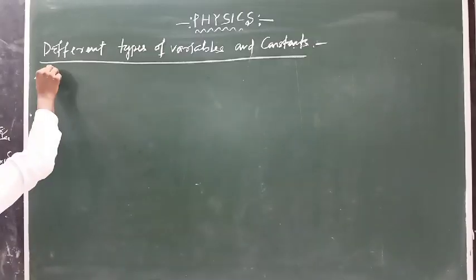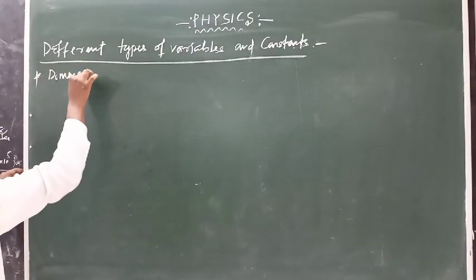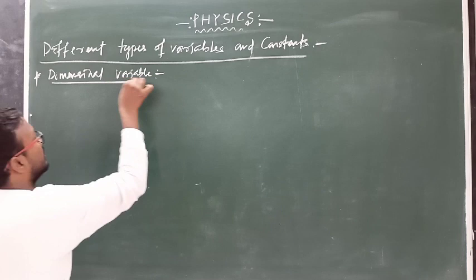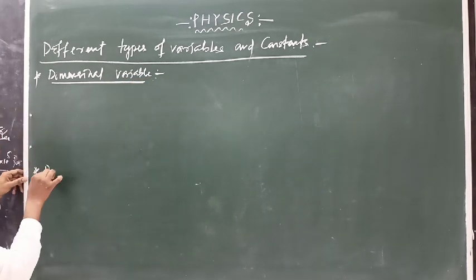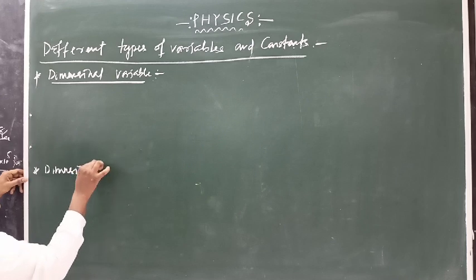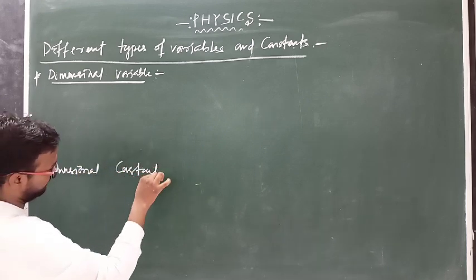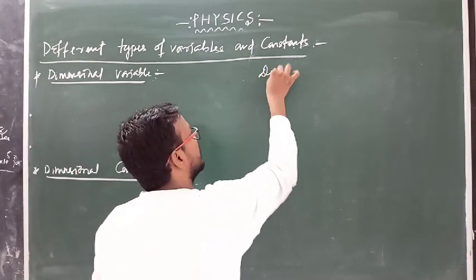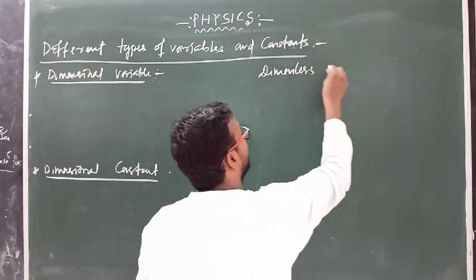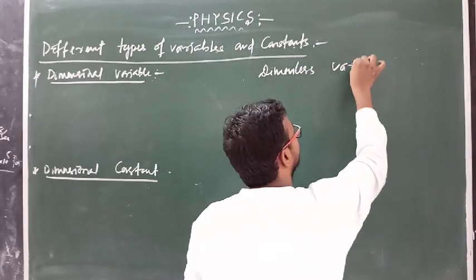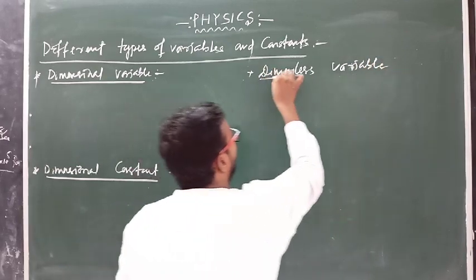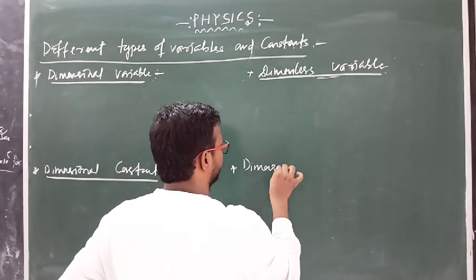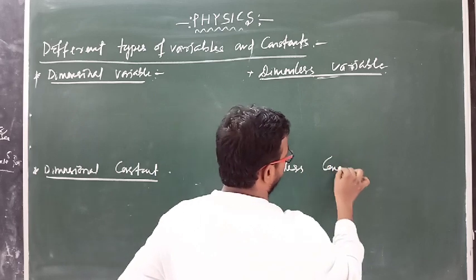So first one, dimensional variable, and second one, dimensional constant, and third one, dimensionless variable, and fourth one, dimensionless constant.